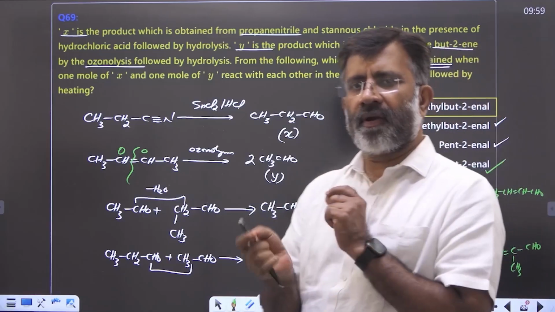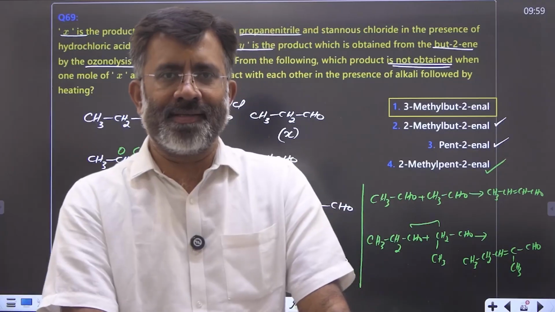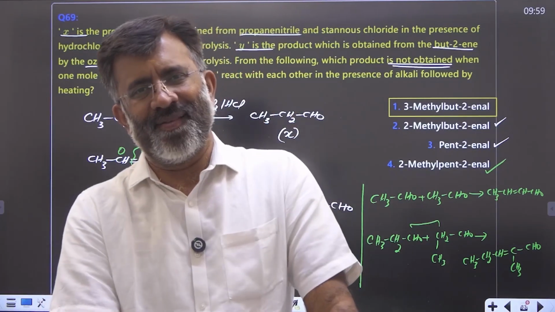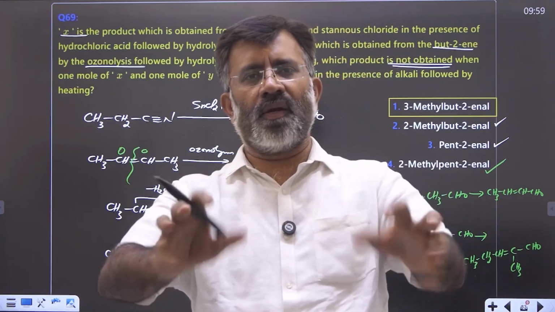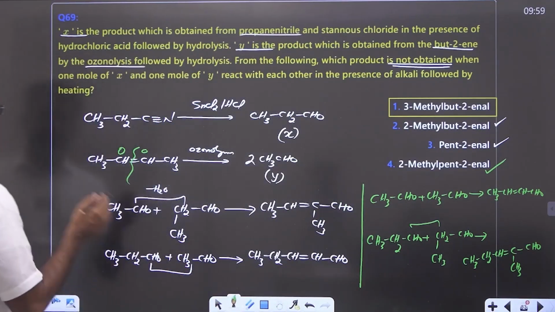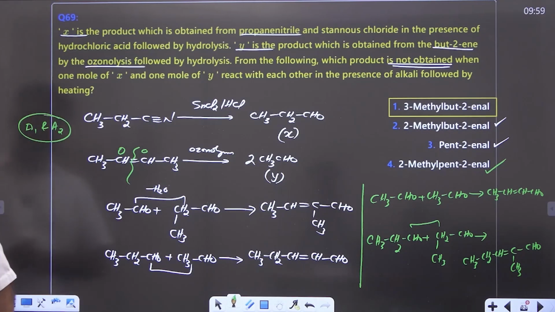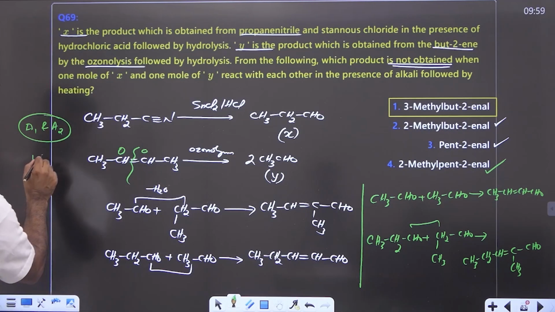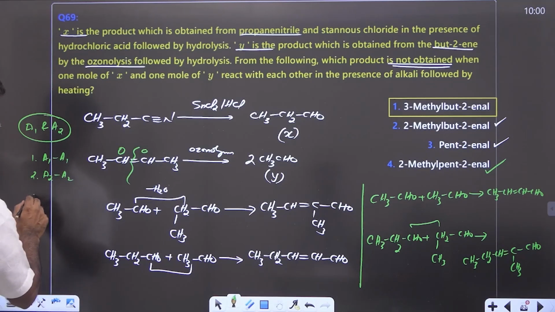Because when two different aldehydes capable of contributing alpha hydrogen undergo condensation, there can be 4 products. What are the 4 products? It is actually described in the textual content, isn't it? When you have 2 different aldehydes, A1 and A2, both having alpha hydrogen atoms, you will get 4 products. Product number 1 is the A1 self-condensation product. Product number 2 is the A2 self-condensation product. Product number 3 is the A1-A2 cross product.